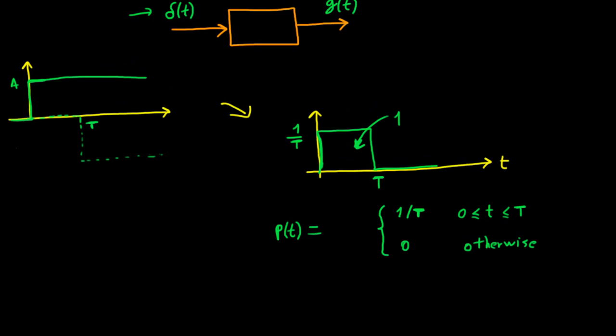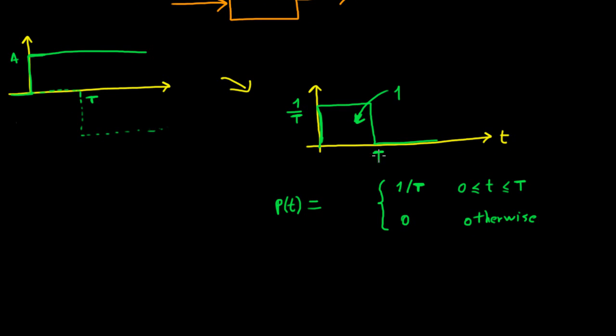Now, if we want to shorten the length of the pulse, but also keep the condition of unit area, we get this kind of signal. Higher, but with less duration.